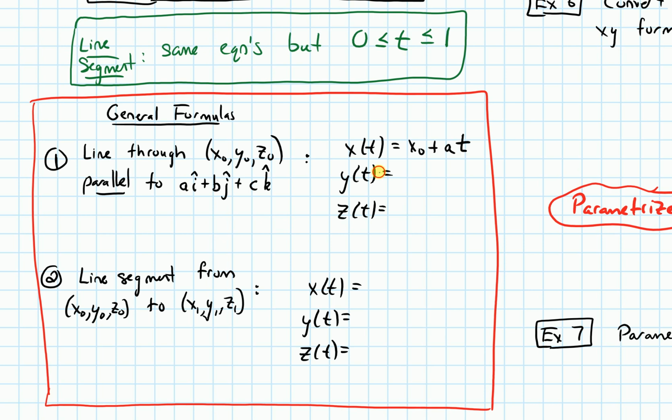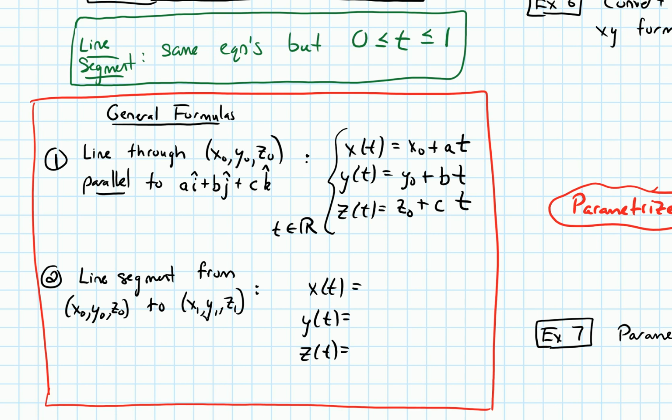And then we do that for each of the components. So y of t, in parametric form, is the y component of our point plus the y component of this parallel vector, which is b times t. And similarly, z of t is going to be z naught plus ct. So we have these three equations, and for this to be a line, t needs to be any real number.